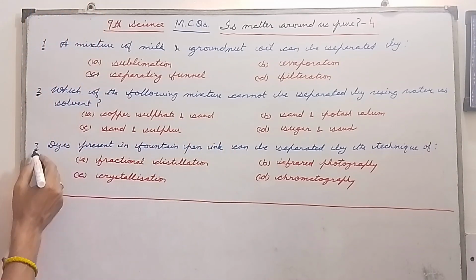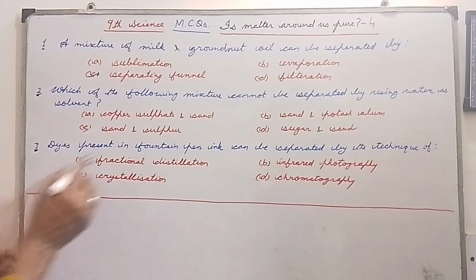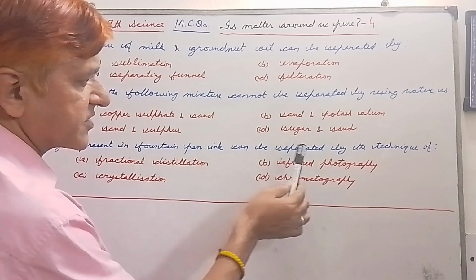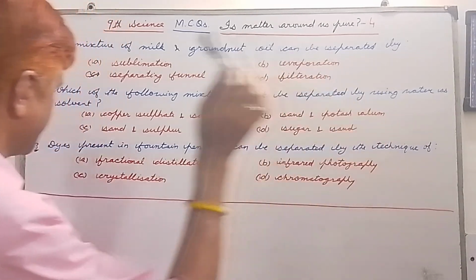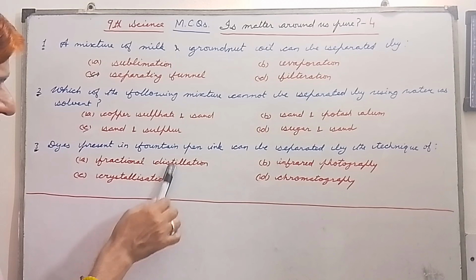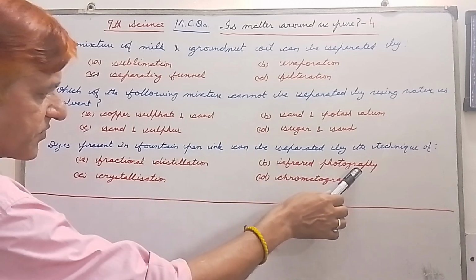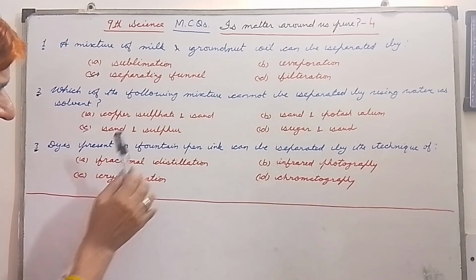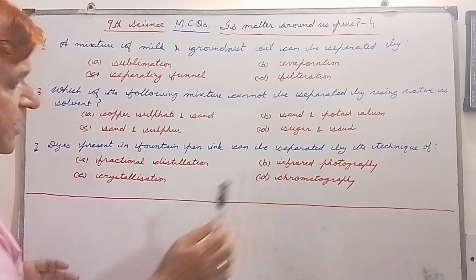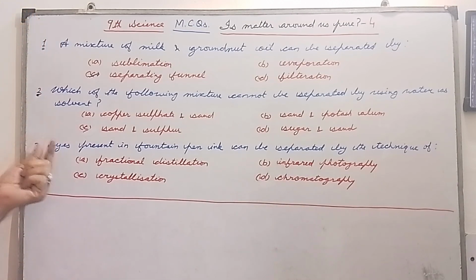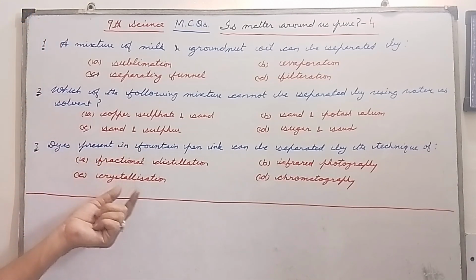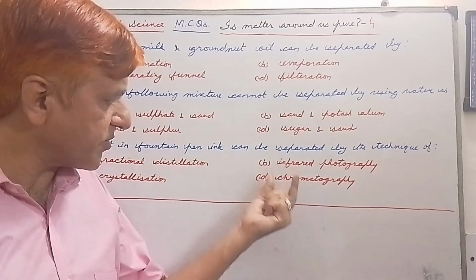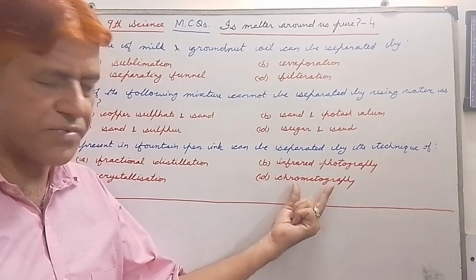Question number 3. Dyes present in fountain pen ink can be separated by the technique of, first option is fractional distillation, B is infrared photography, C is crystallization, and D is chromatography. So my dear students, always remember that dyes present in fountain pen ink can be separated using chromatography.